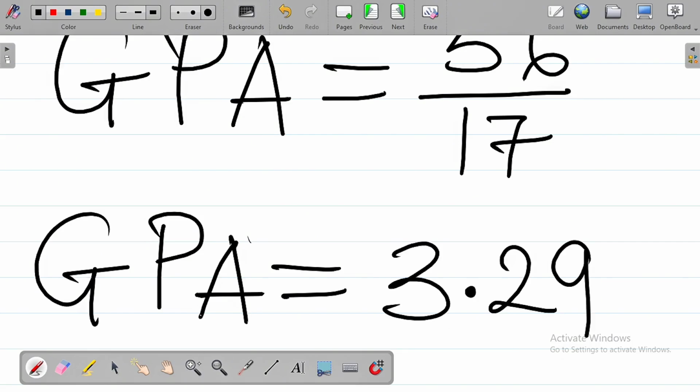So 3.29 is the GPA of the student for second semester. So now we've gotten the GPA for first semester and the GPA for second semester. How do we get the CGPA of the student?